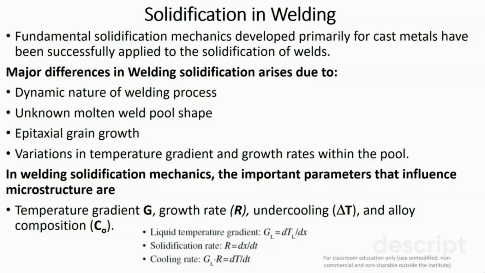Either the movement of the workpiece or your welding torch is moving to perform the welding process. So you have the dynamic change of your heat source from one place to another place. So the temperature is also changing, the temperature gradient is also varying. This is the point which somewhat changes the solidification of your welded structure.